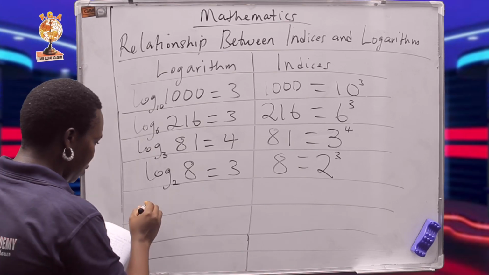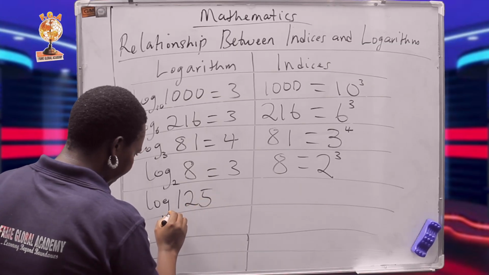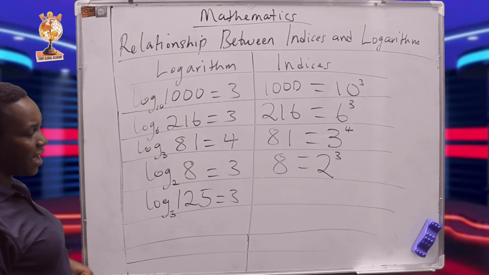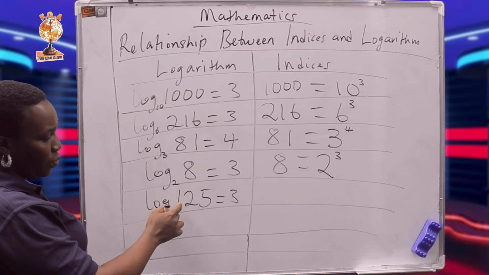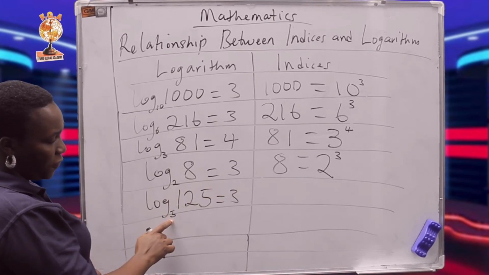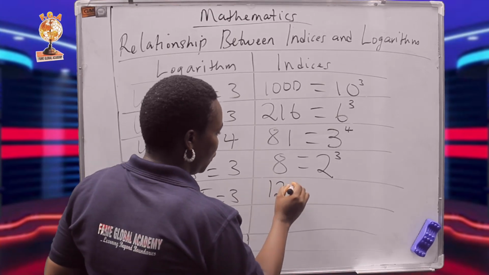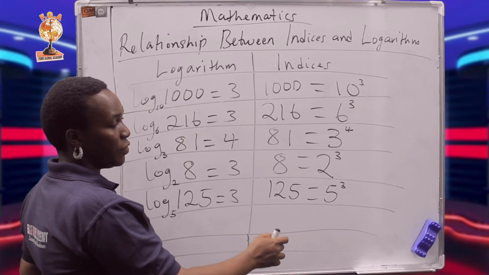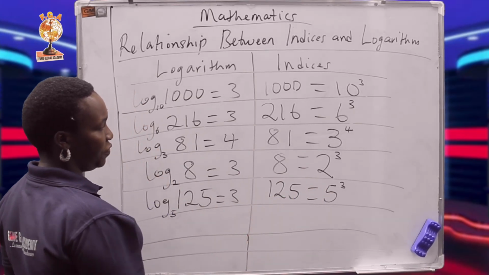Okay, let's take another one. We have log 125 base 5 is equal to 3. To write it in index form, it will be 125 equal to 5 raised to the power of 3. Of course, if you multiply 5 into 3 places, you get 125.